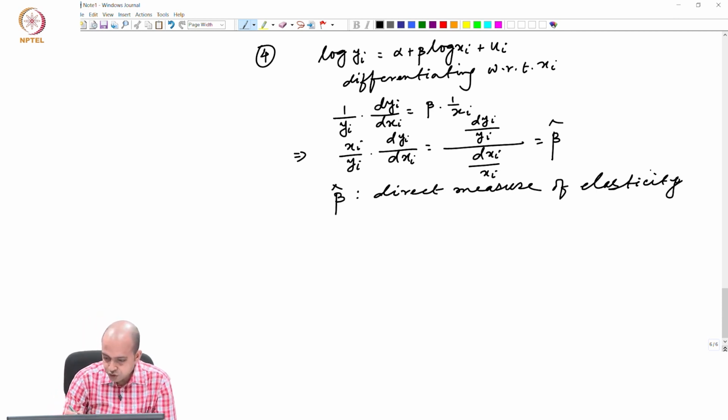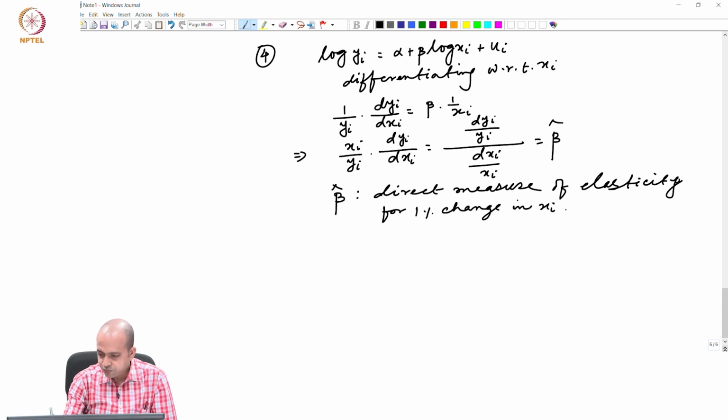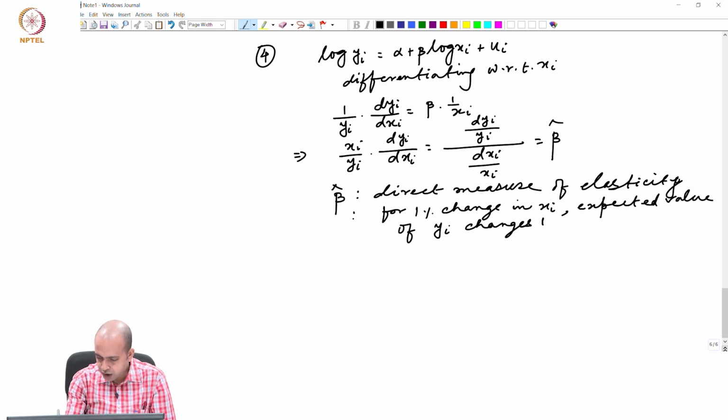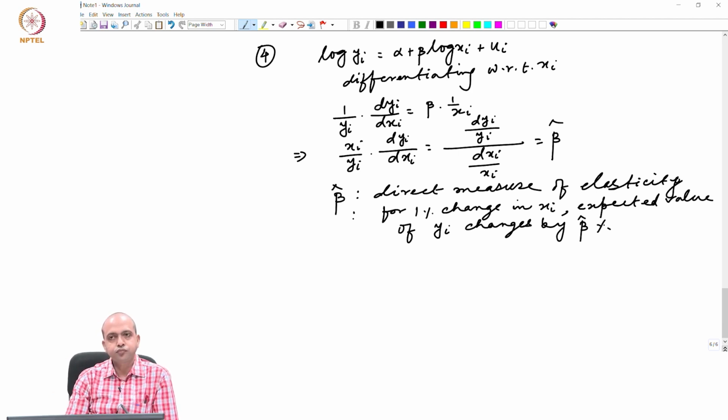So, the interpretation is: for a 1% change in xi, the expected value of yi changes by beta hat percentage.